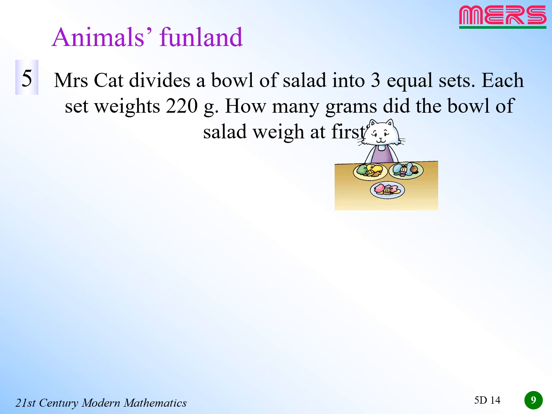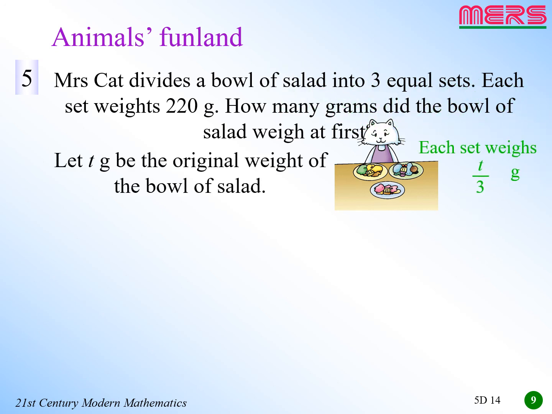So in this question, we are going to find the weight of salad at first. So we can let T gram be the original weight of the bowl of salad, and it is divided into 3 equal sets. So when we set the equation, it will be T divided by 3, and each set we have 220 grams. So T divided by 3 equals 220, and we will make use of the fraction to show T divided by 3.